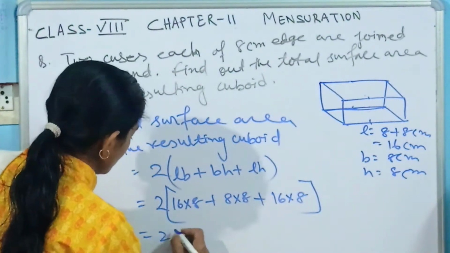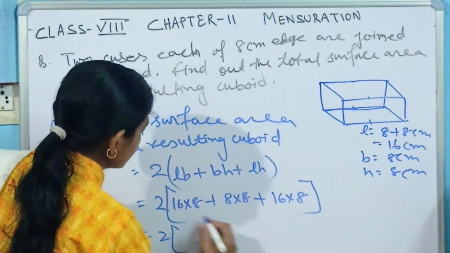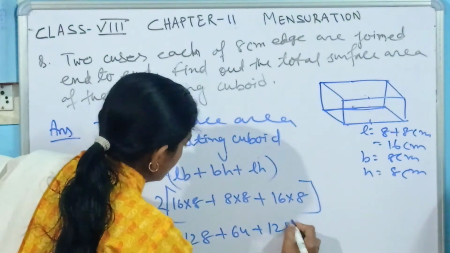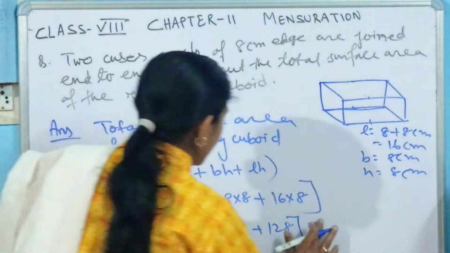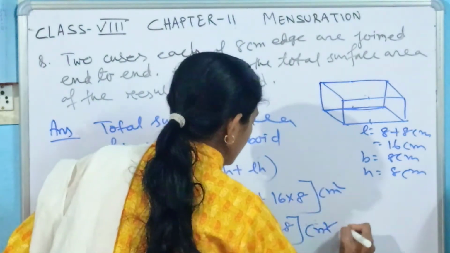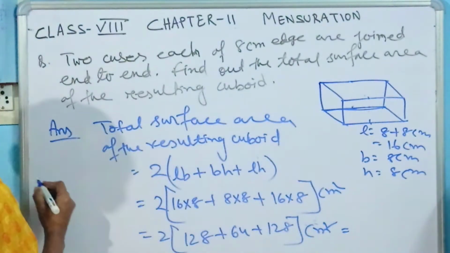So it will be 2 into, and after adding this, the unit is centimeter square. Okay, let's add them.